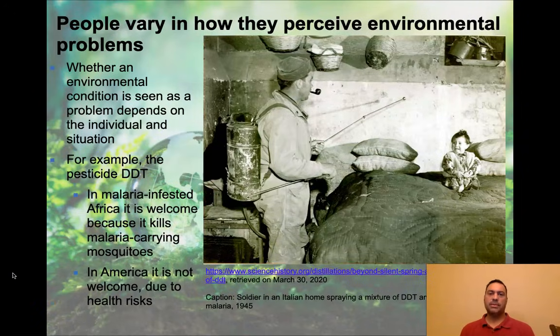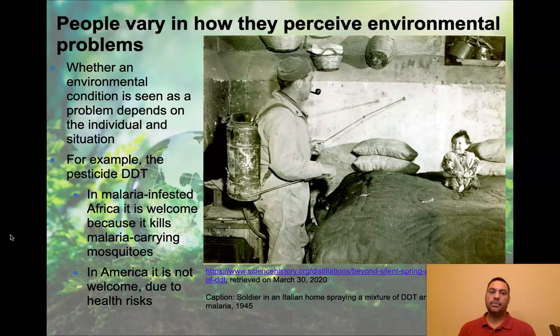Now, how do we go about solving these problems? One of the biggest issues we have is how these problems are perceived and how our responses are perceived. So sometimes it's cultural. Whether an environmental condition is seen as a problem depends on the individual and the situation, right? A classic example of this is DDT.